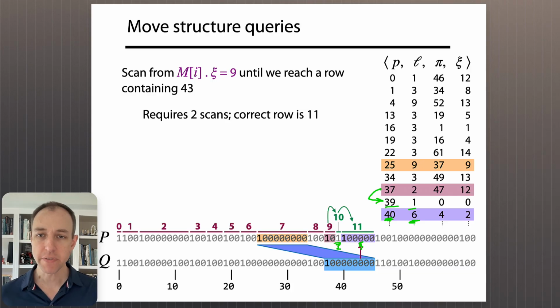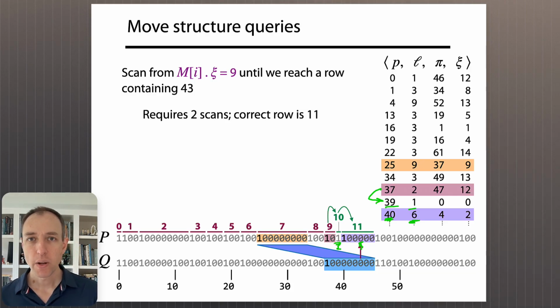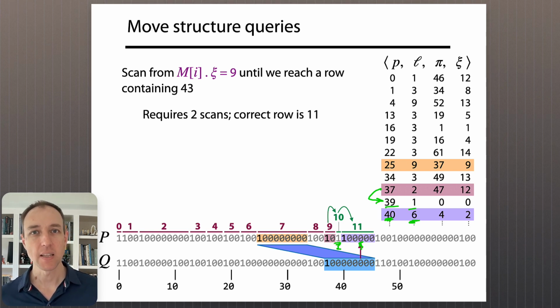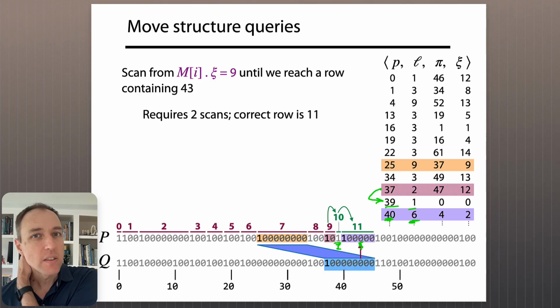Okay, so just a brief note. When we jump to the row indicated by the xi column, sometimes we're wrong, and we have to scan in order to find the correct row. But at least we know which way to scan, right? Because when we jump according to the xi column, we're always jumping to the run ID that corresponds to where the run head maps. We are further to the right than the run head.